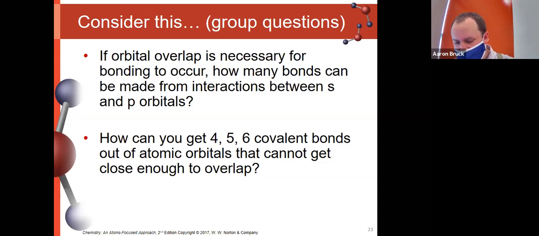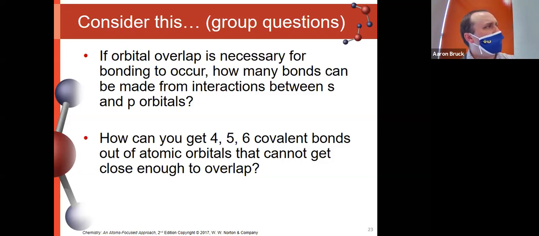After all, we can see that S and P, if they're oriented in the right directions, can have that direct overlap of sigma bonding. But if I have P's in this orientation or P's in this orientation, they're not going to get close enough to each other outside of a pi bond.